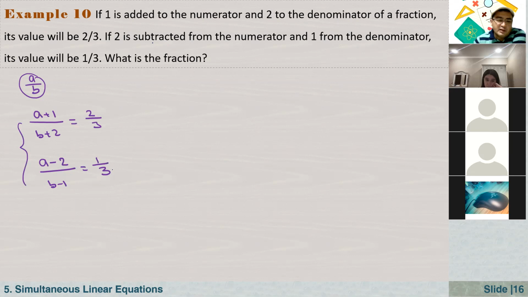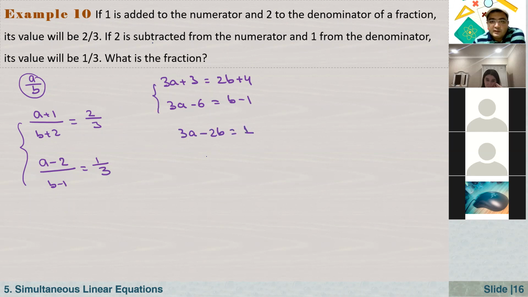What is a fraction? The first one, if you cross multiply, 3a plus 3 is equal to 2b plus 4. The second one, 3a minus 6 is equal to b minus 1, right? If we write them in standard form again, here we have 3a minus 2b is equal to 1. The second one is 3a minus b is equal to 5, right?